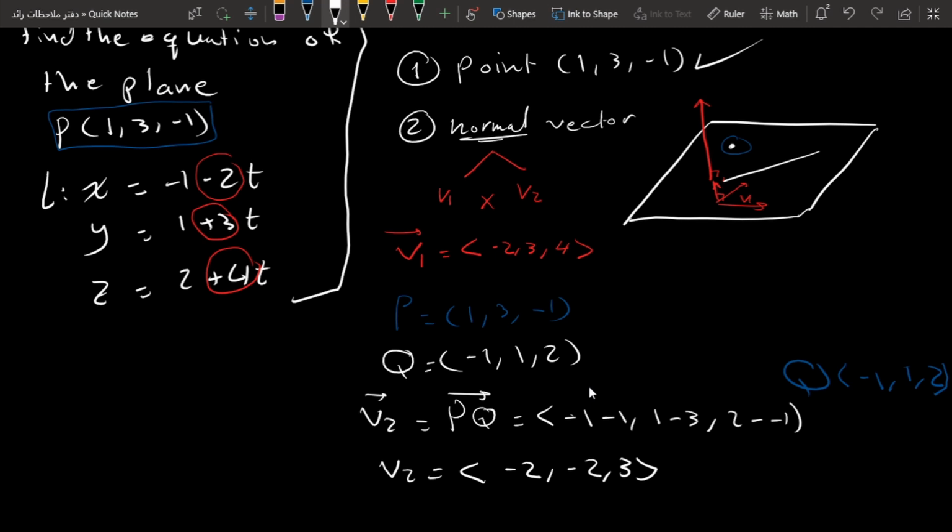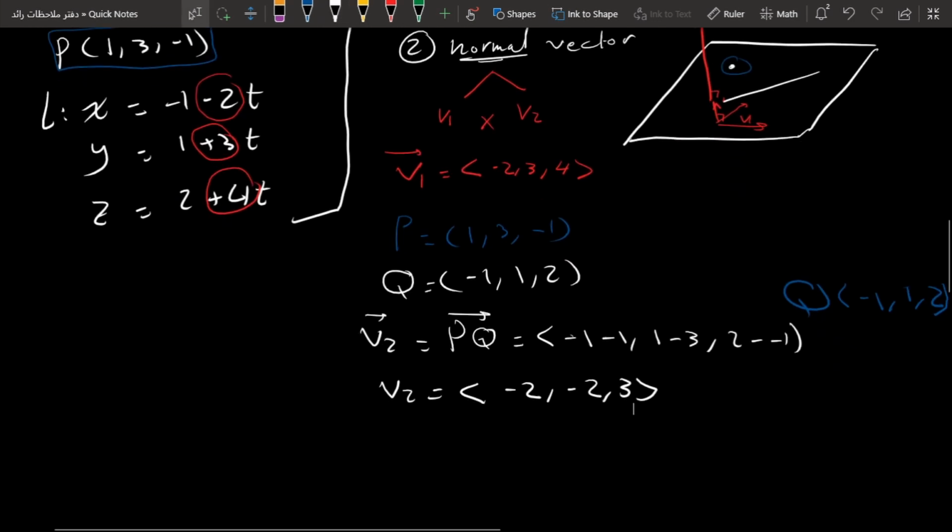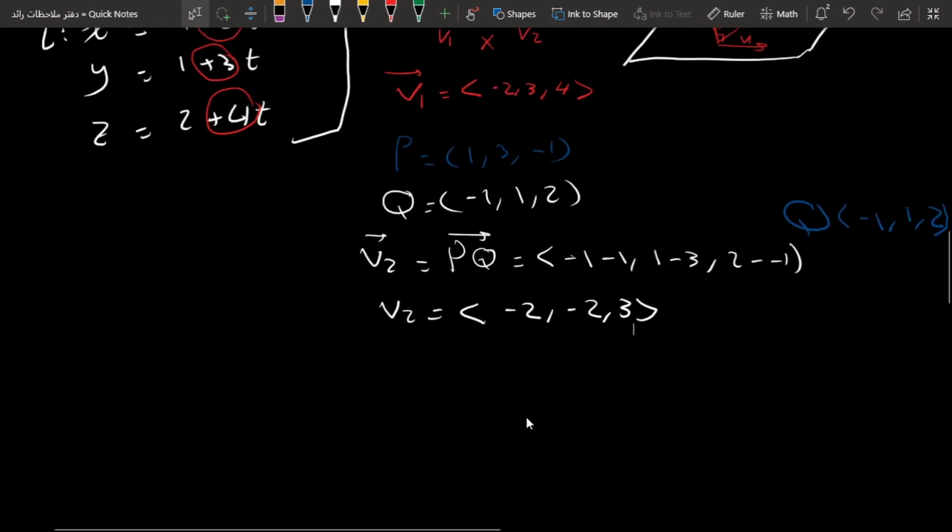بعدين بس خلصنا شو صار عندنا. Now we have the following. I have two vectors v1 and v2. Both of these vectors are inside the plane.